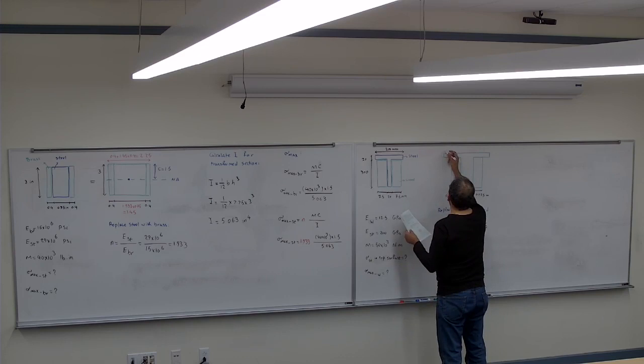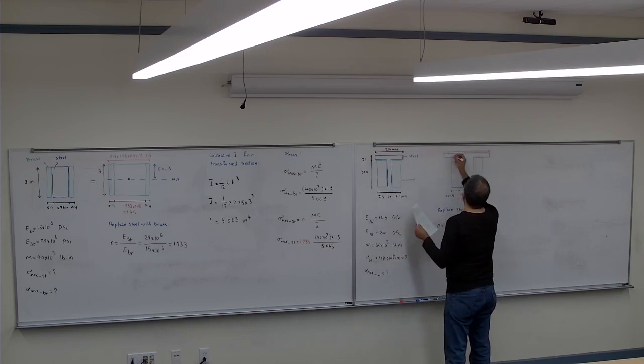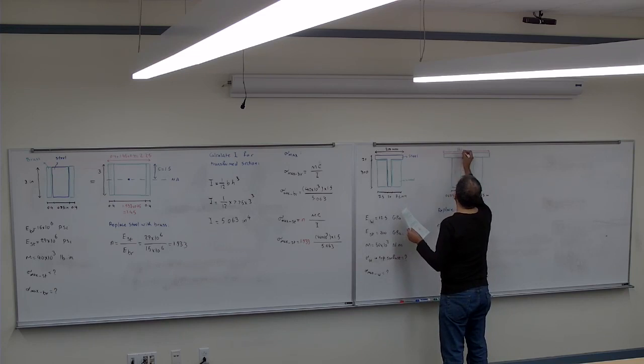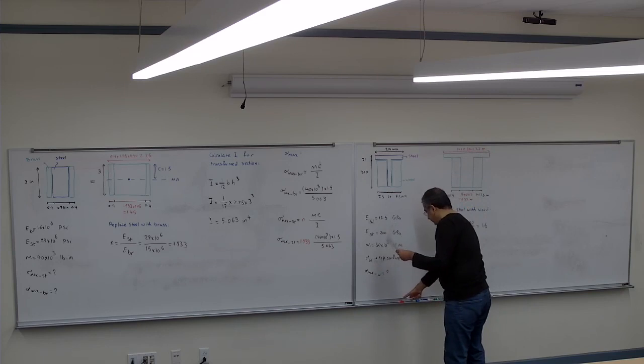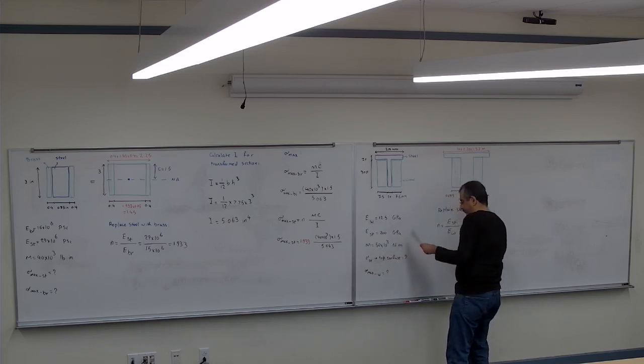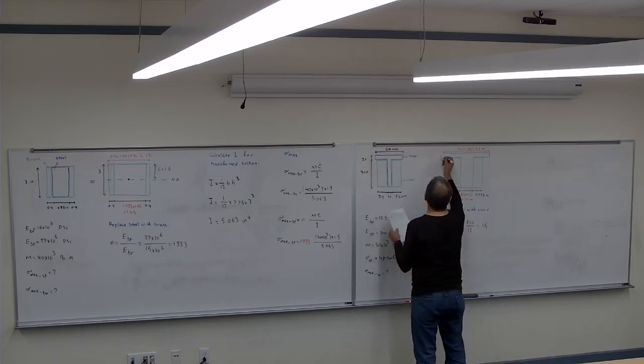The top part is going to be 16 times, again, 0.200, which would be 3.2 meter, and the height would not change. So the height would be 0.300.